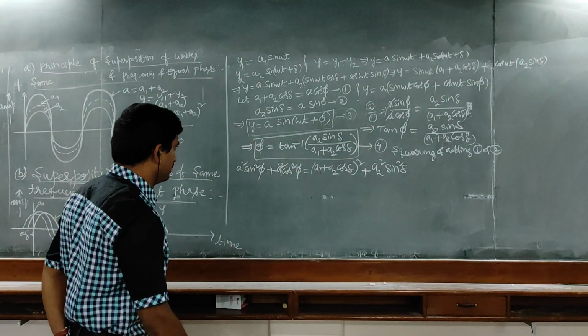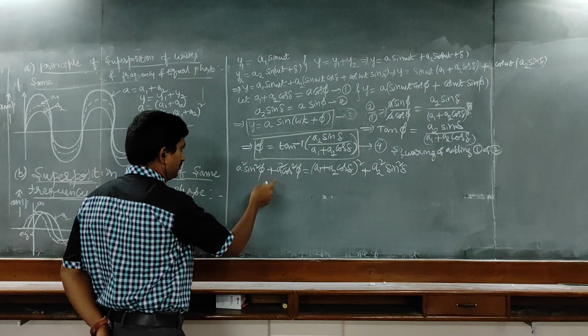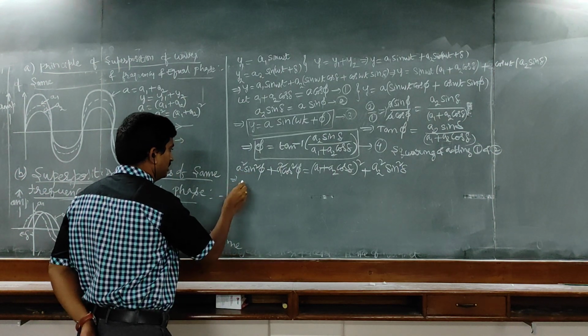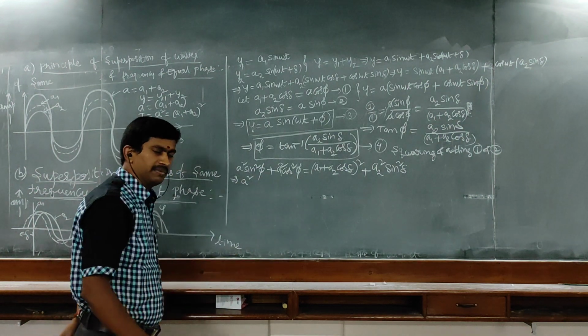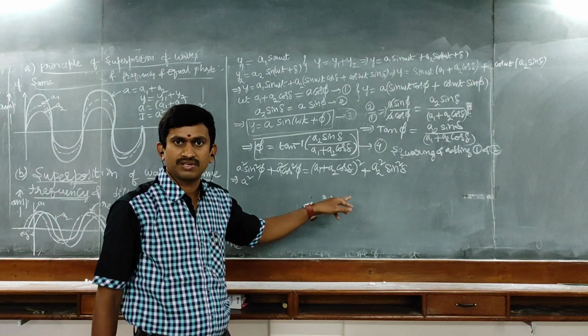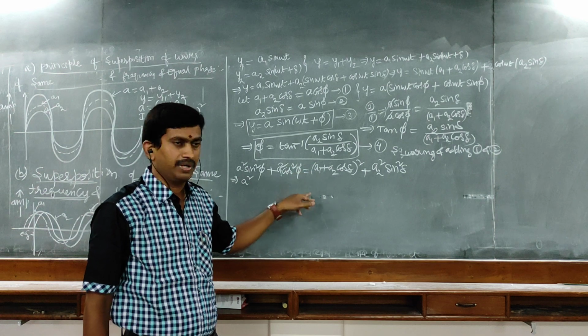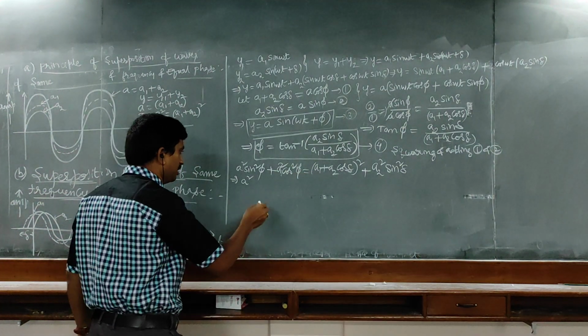Now for further simplification, on the left hand side take a square as a common term. Then sin square phi plus cos square phi, according to the trigonometric formula, has a value of 1.